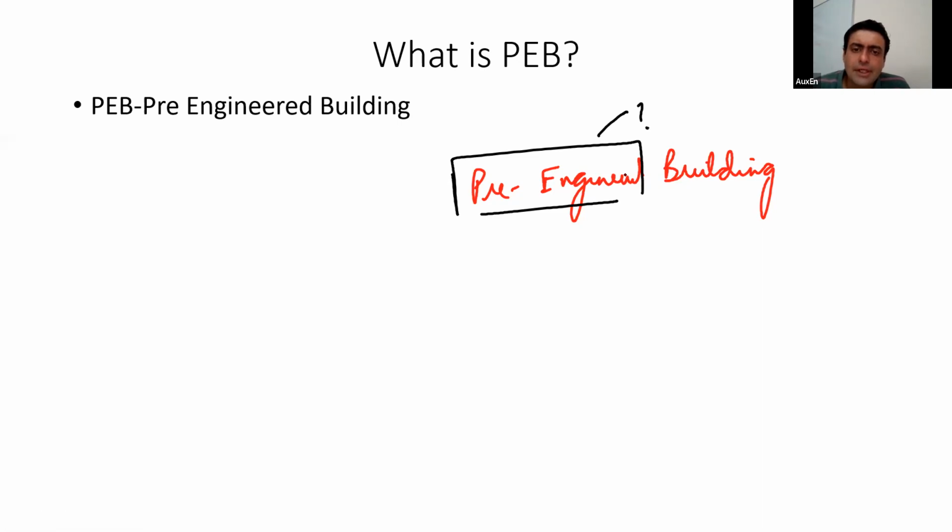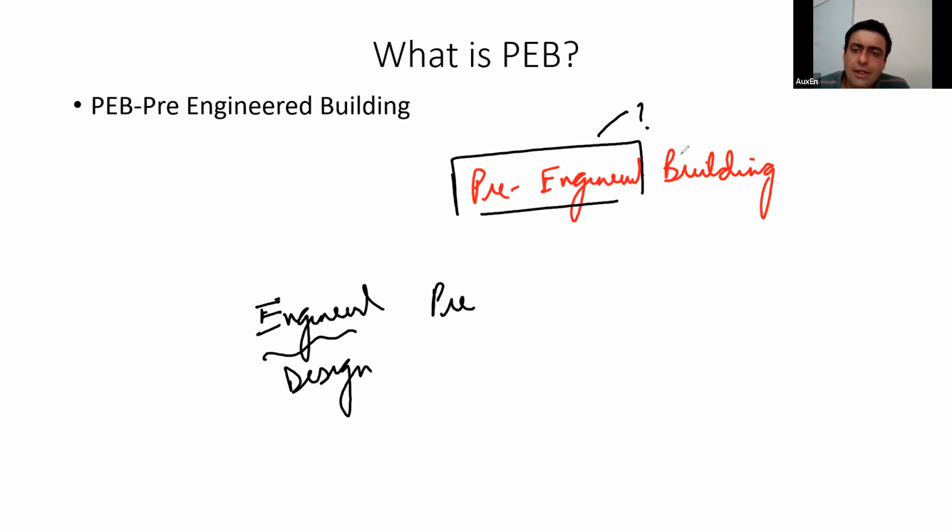Okay. So pre-engineered would mean that, as Mr. Dheeraj is saying, we engineer that. So what is the meaning of engineered? Engineered means that we are going to design this building. This building will be designed somewhere else. For any structure that you see, buildings are designed at some design offices, isn't it?